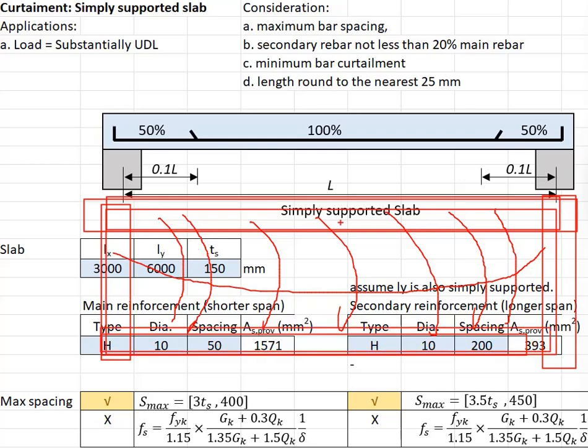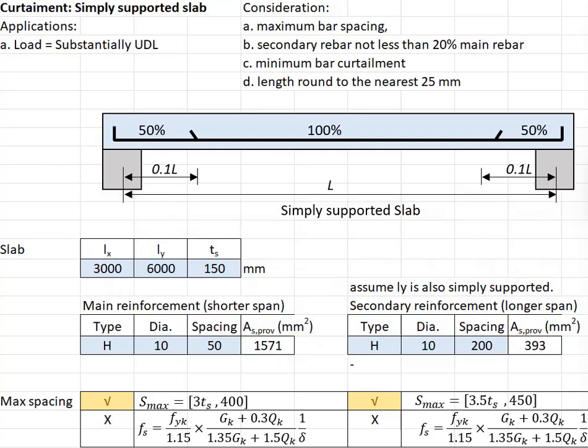Whereas in the shorter direction, the influence of this restraint over the bending at the center will be lesser due to the further distance away from the critical bending locations. Because of this bending response, we know that the shorter span will be more critical. Therefore, the main reinforcement bar will be placed in the shorter span direction.